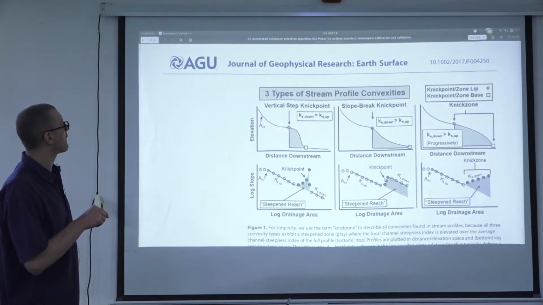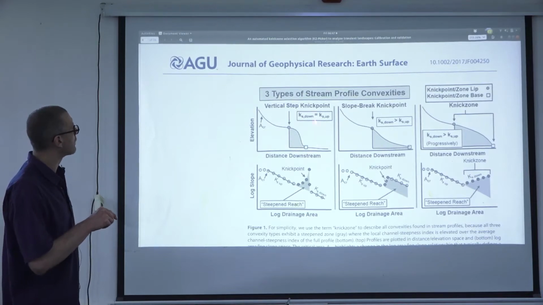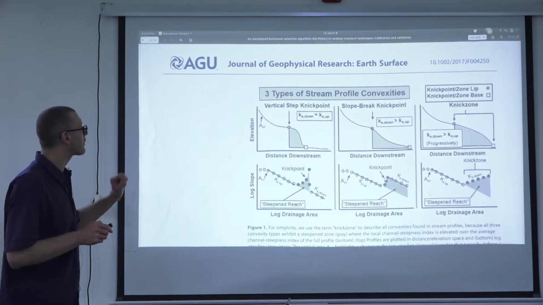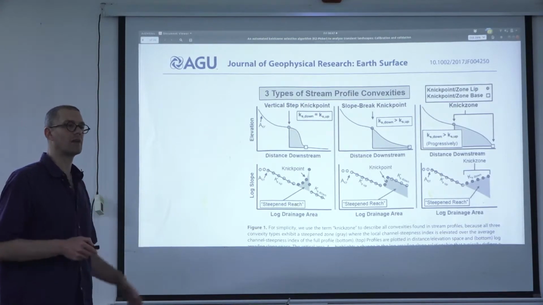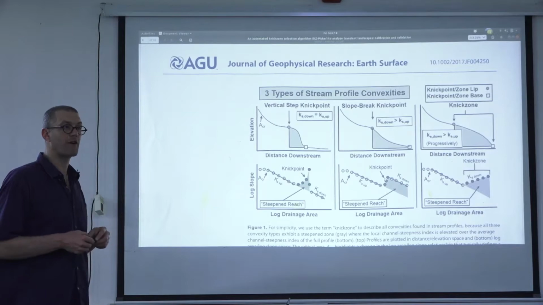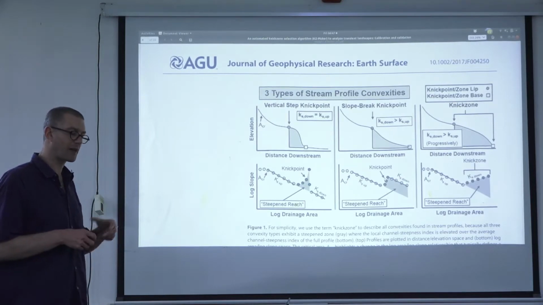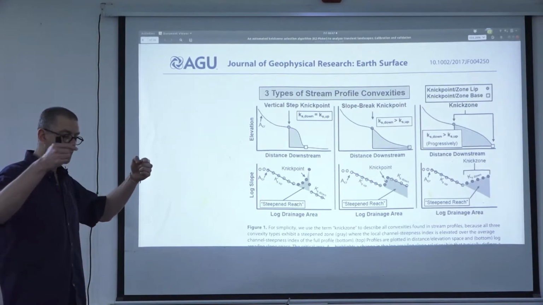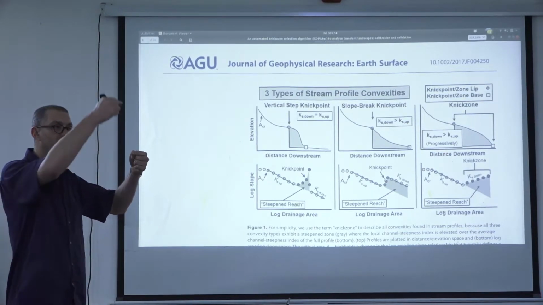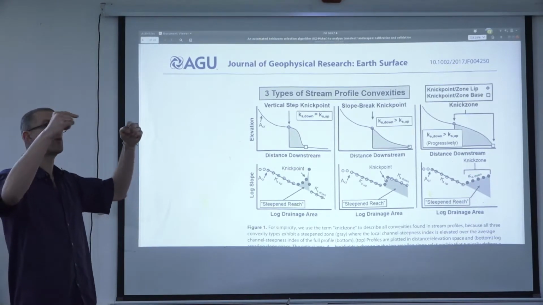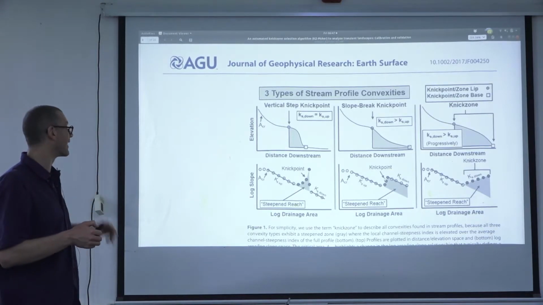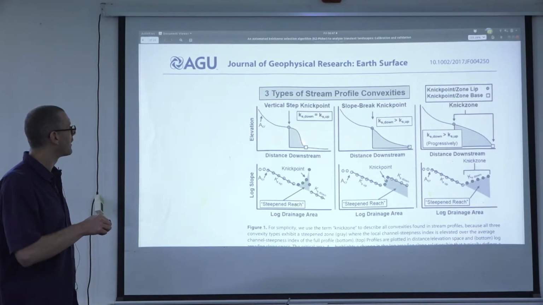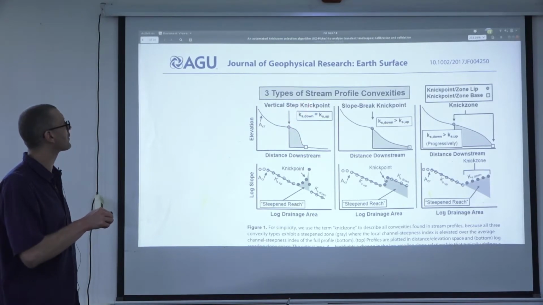And then you have another type of nick point that is sometimes associated with landslides, but most often associated with hanging valleys, for example, that are very prominent in the Himalaya as well. So those hanging valleys potentially formed through rivers that did not keep up with the incision of the main river. So essentially, every waterfall that we observe in Hawaii or in the Himalaya, they can be characterized by this vertical step nick point.